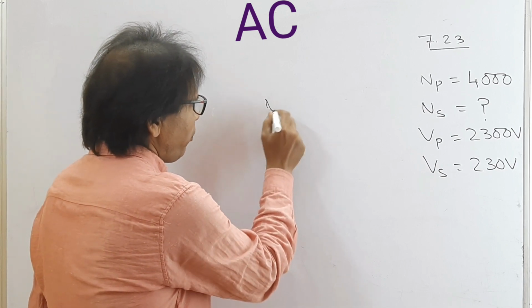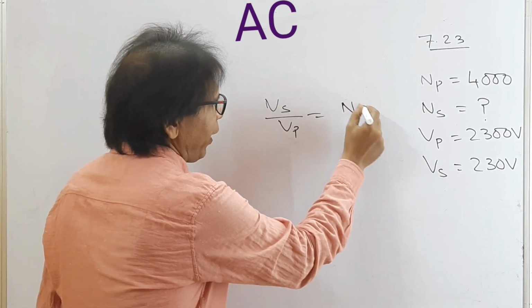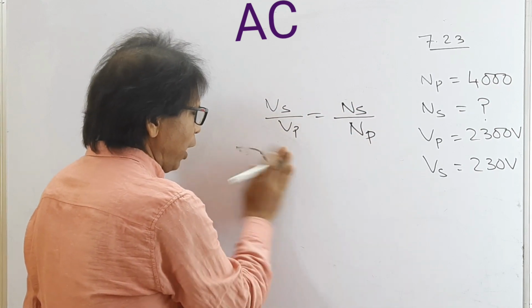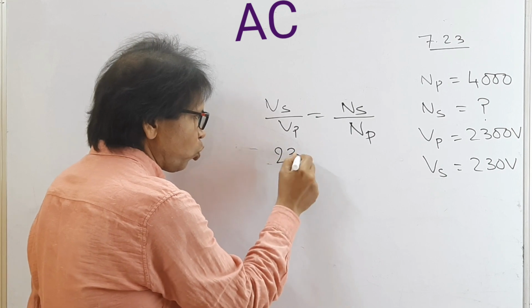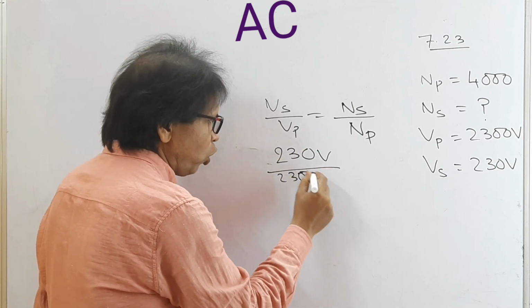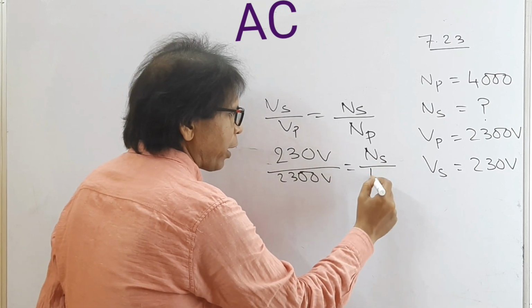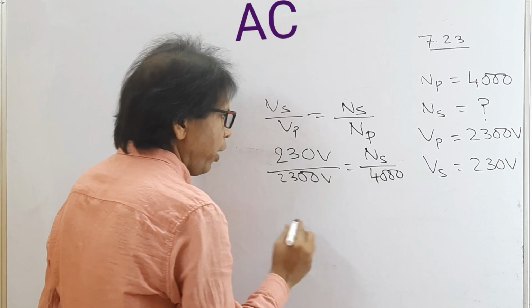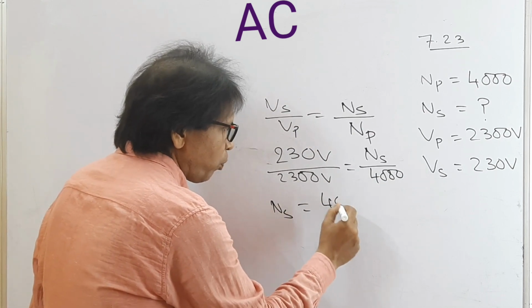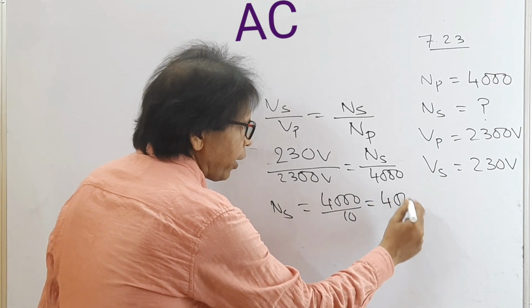We know Vs by Vp equals Ns by Np. Here Vs equals 230 volt, Vp is 2300 volt, and Np equals 4000. So Ns equals 4000 by 10, so this is 400.